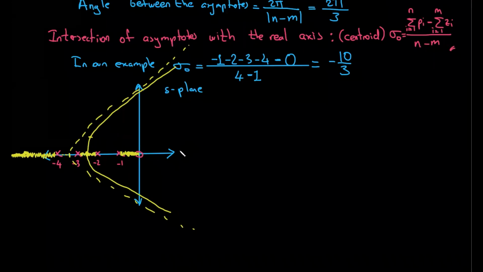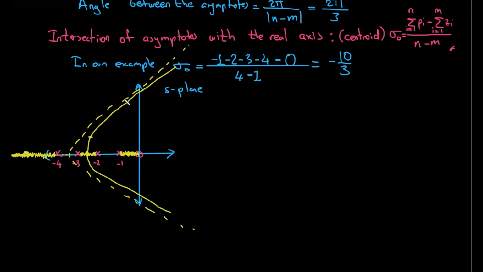So far, so good. I think it's very intuitive in the sense that, for example, I see that at the beginning, when k has small values, the system seems to be stable, right? All the closed poles seem to remain in the open left half plane.